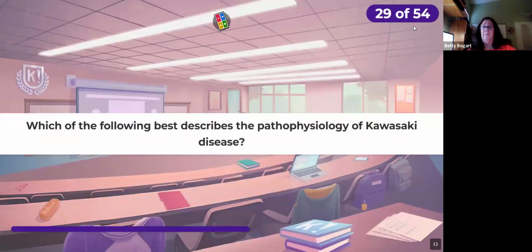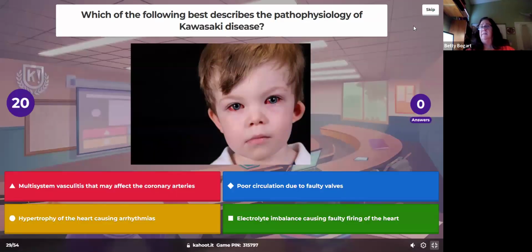Which of the following best describes the pathophysiology of Kawasaki disease?